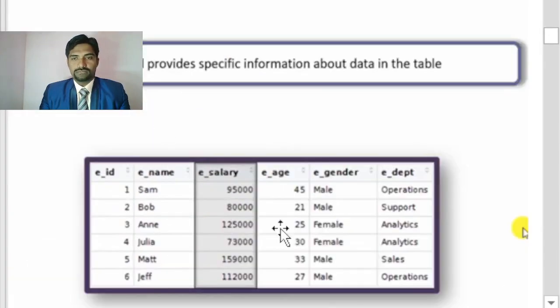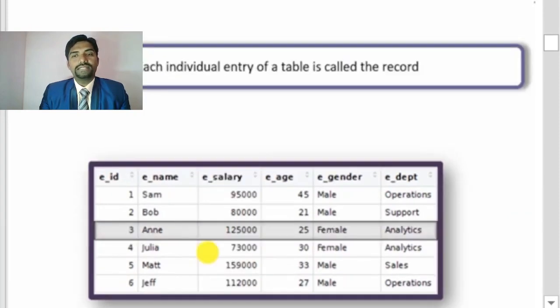So a field, we know, is the vertical format, a column format. So we know the table is the combination of fields and records. This highlighted area, just look at it, is called a record.